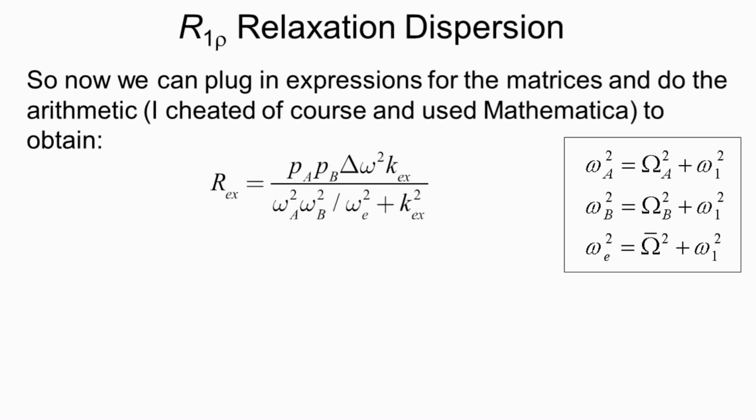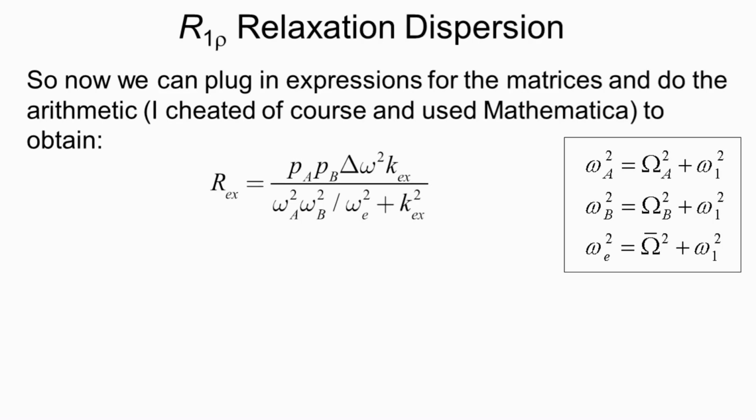So the exchange contribution looks similar to our fast limit result, except we have some different frequencies in the denominator. Omega A is the effective frequency using the offset position of the A state. Omega B is the effective frequency at the offset frequency of the B state.